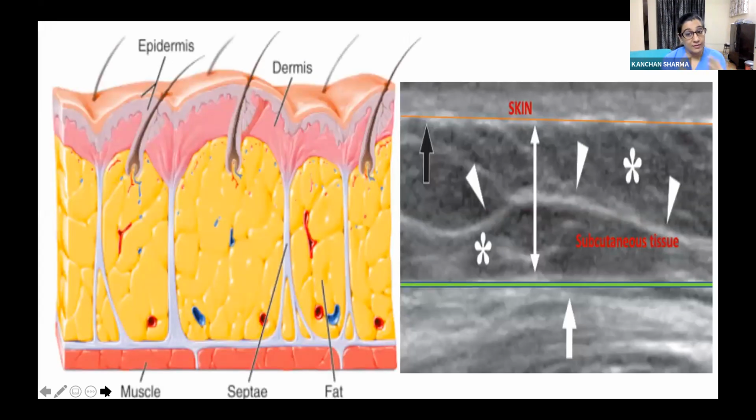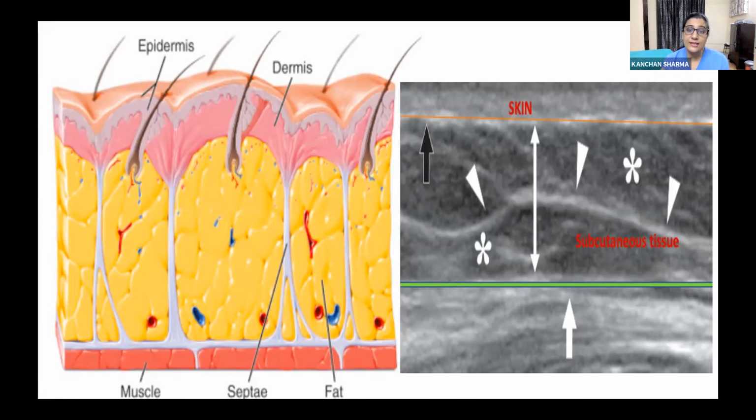Skin. Remember this, skin is always hyperechoic because it is full of connective tissue. Fine. When you look at the subcutaneous tissue, you have the fat globules, as you can see in this picture, and then you have the connective tissue septations. Connective tissue in ultrasound is going to look hyperechoic.